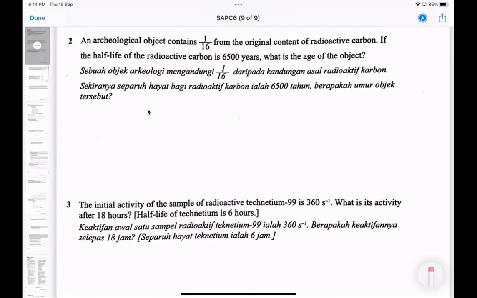So initially is 1, then it becomes half, 1/4, 1/8, 1/16. So I have 1, 2, 3, 4 half-lives. So 4 times 6,500 will give me 26,000 years.